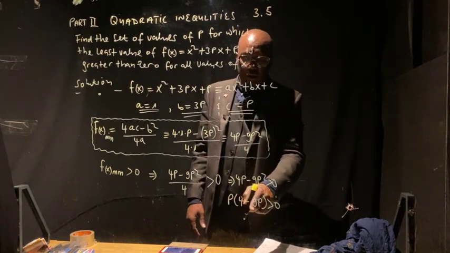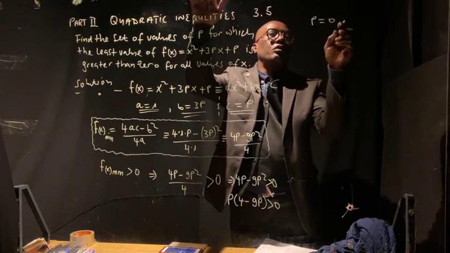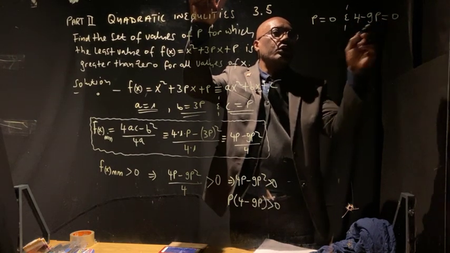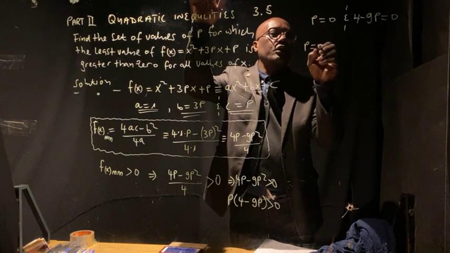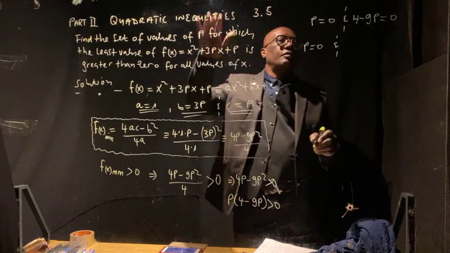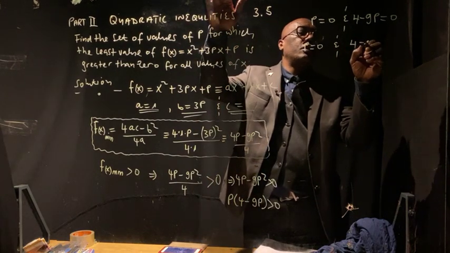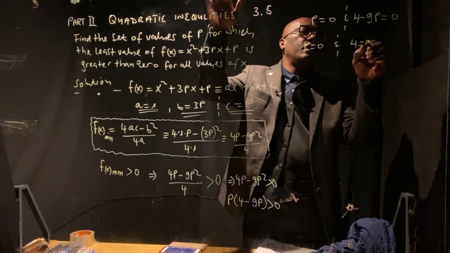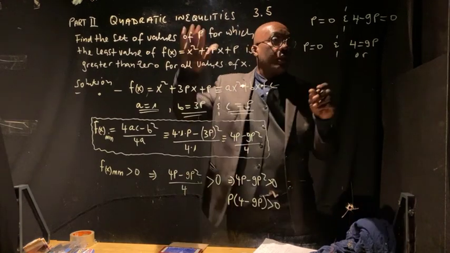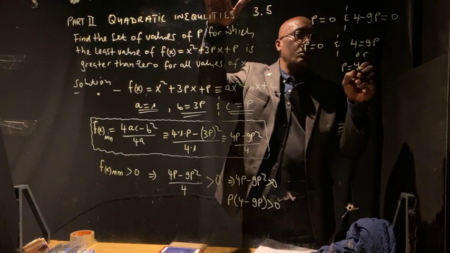So if we factorize p times 4 minus 9p, you have p equals 0 and 4 minus 9p equals 0, which means p equals 0 and 4 equals 9p, or p equals 4 over 9.